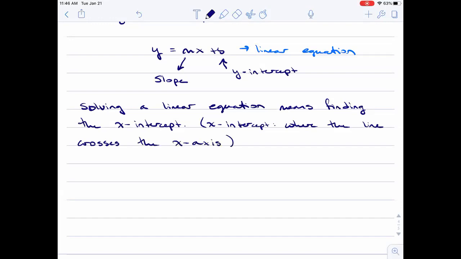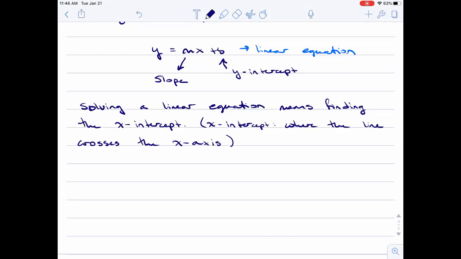Just like we did for quadratics, but now we're kind of going backwards and talking about an easier thing, but that's okay. Same idea, it's where it crosses the x-axis. So solving a linear equation just means where is it going to cross the x-axis.